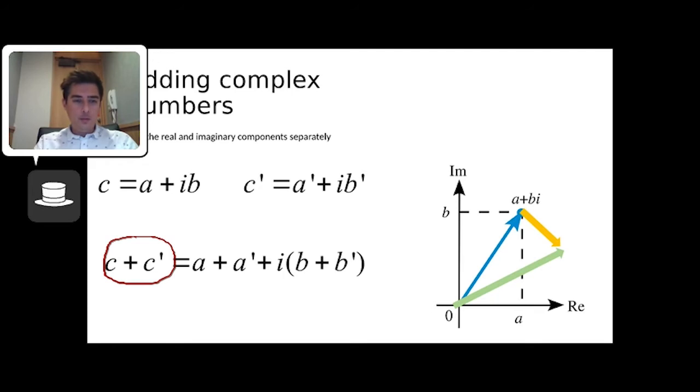So let's substitute each of these things in here. The first part, we can just collect all the parts which are the real parts of the number, that was a and a prime. So that's the real part of the new complex number.